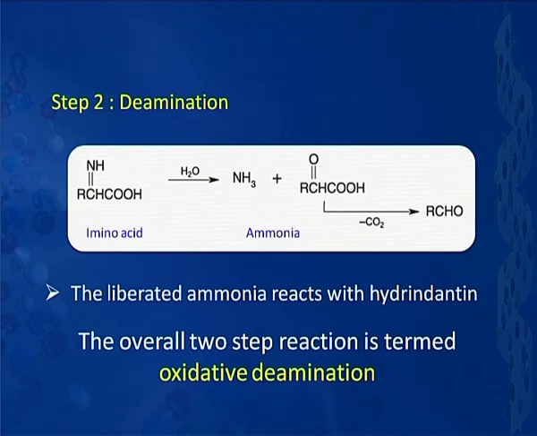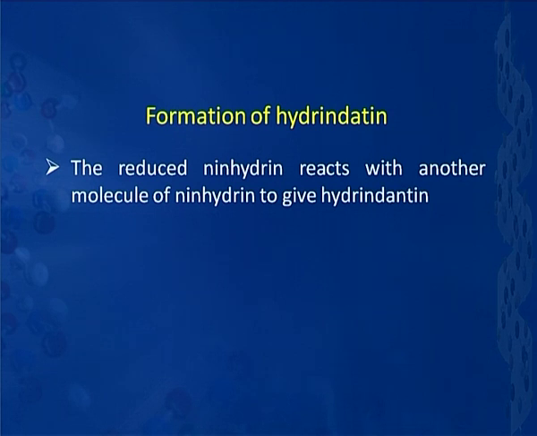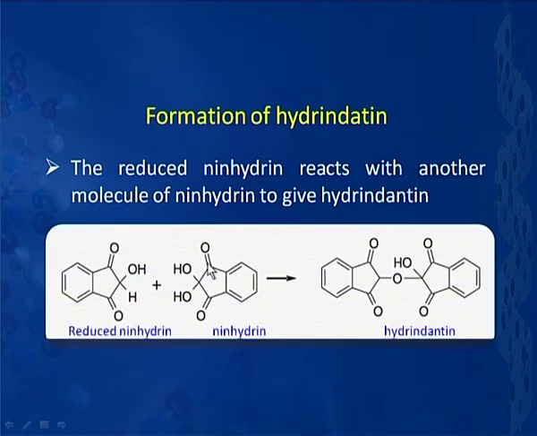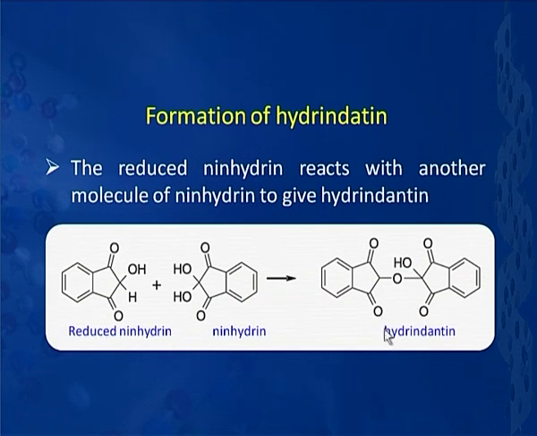Let us see how the formation of hydrindantin takes place. The ninhydrin which got reduced in the first step reacts with another molecule of ninhydrin as follows to give us the product here, that is hydrindantin. This product is obtained by reacting the ninhydrin with the reduced molecule of ninhydrin.